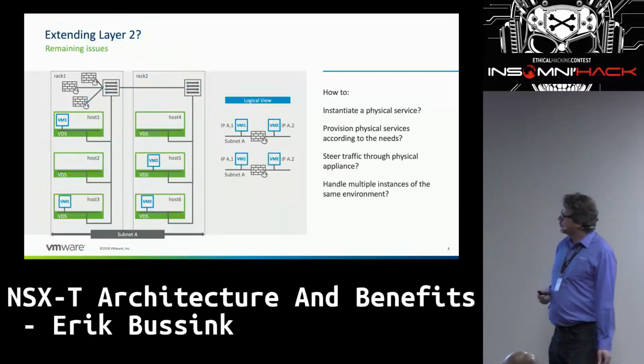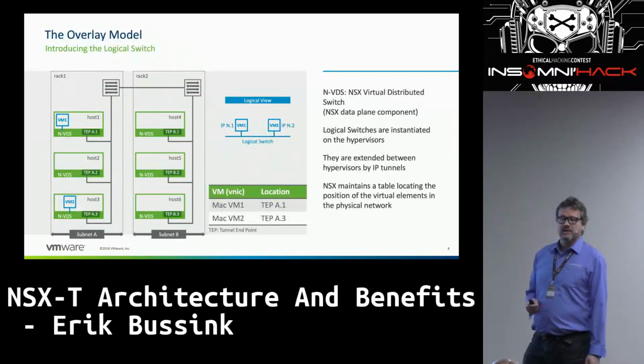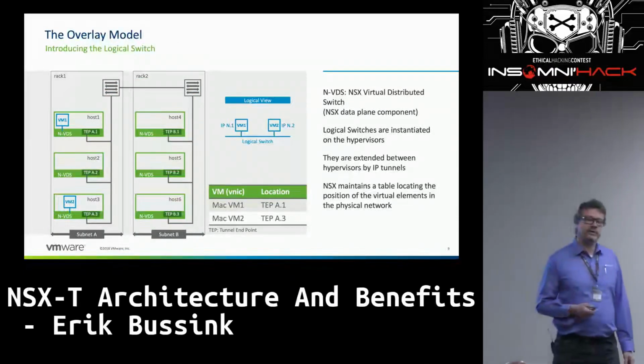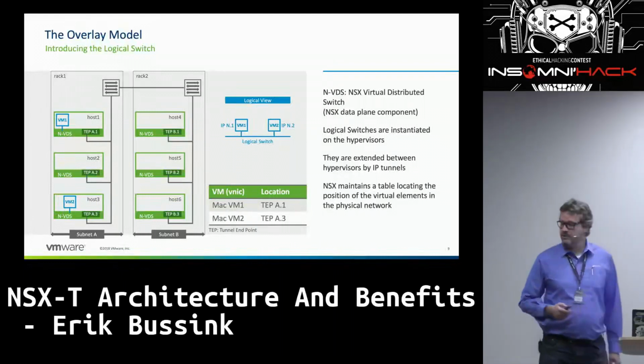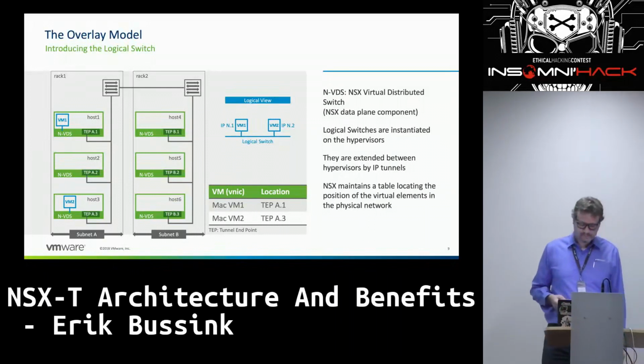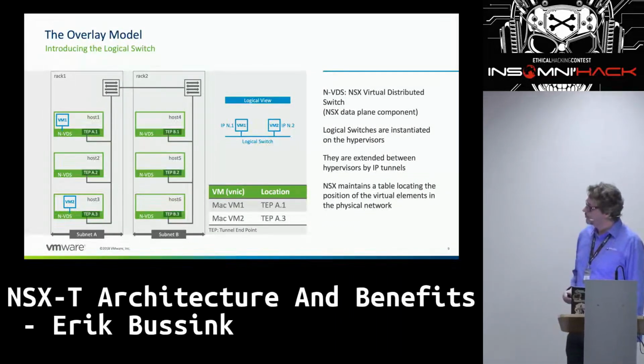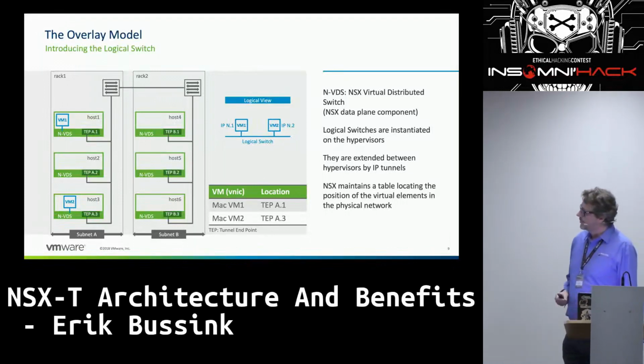So what we're going to do with NSX is we're going to instantiate a layer 2 broadcast domain inside every hypervisor. So here I've got some blue VMs on a logical switch. On each host, we will implement NSX and we'll create a local layer 2 domain.